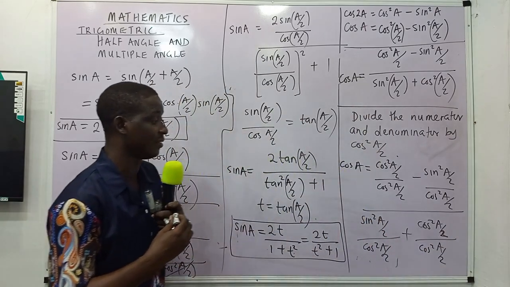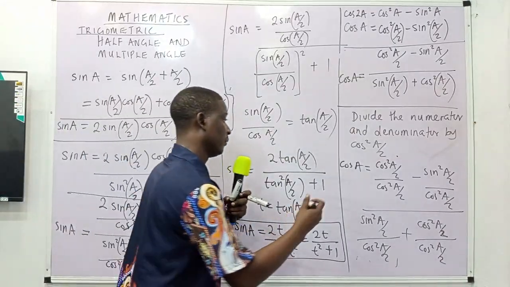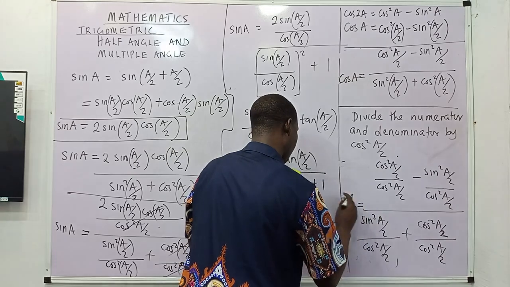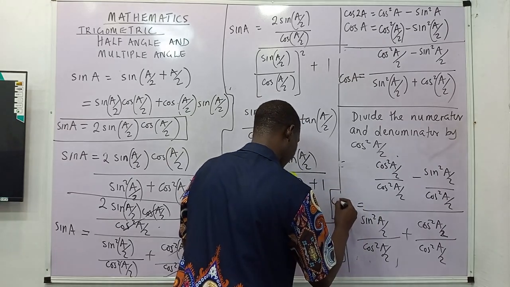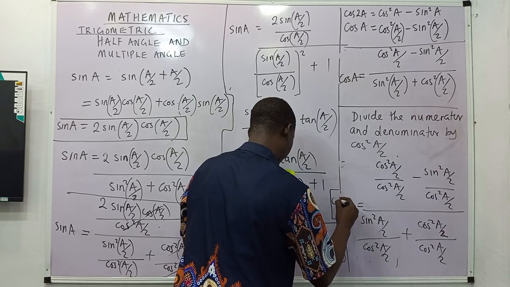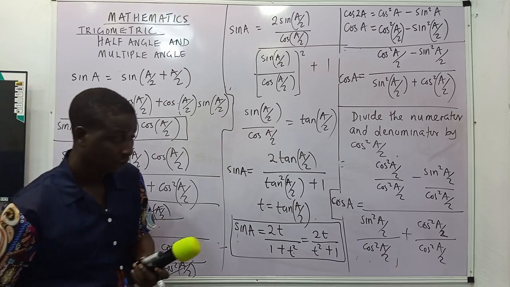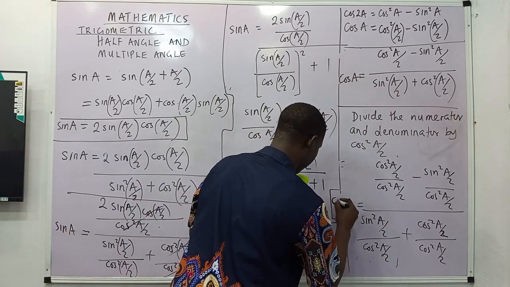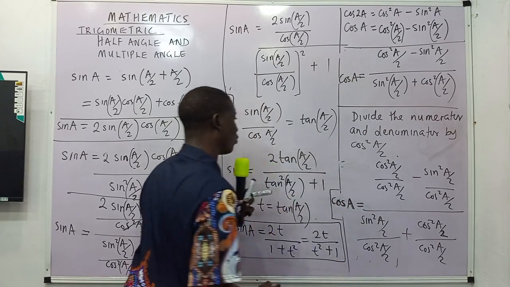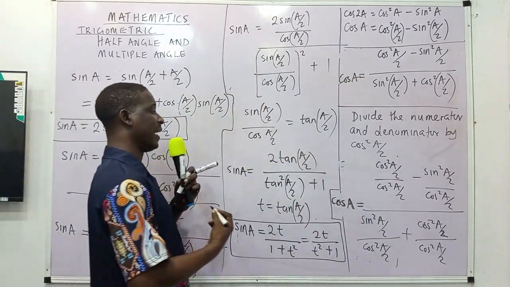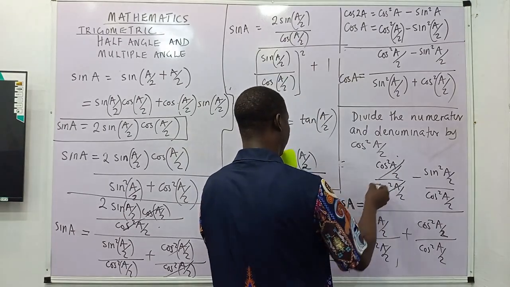So if you do that now, what do we have for cos A? Now, ladies and gentlemen, we cut across. This one will cancel this one.